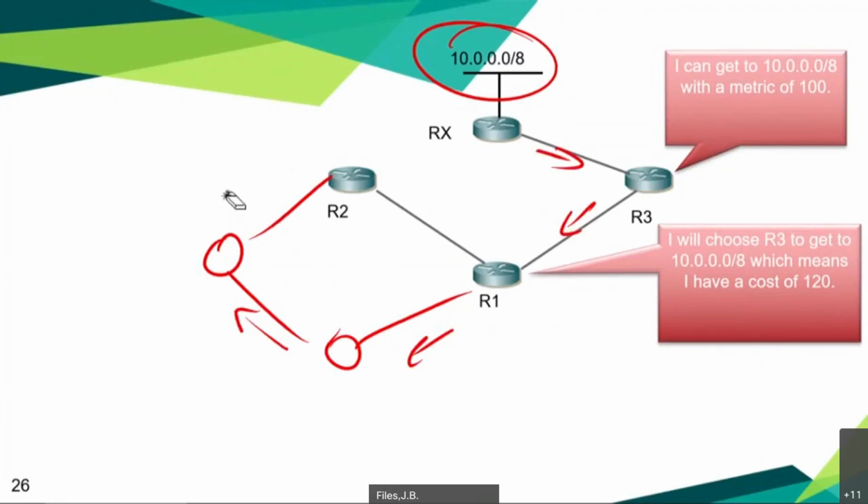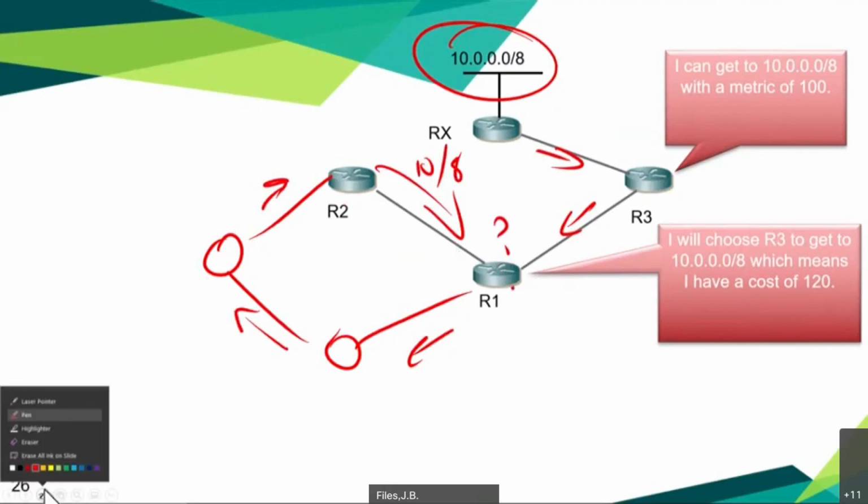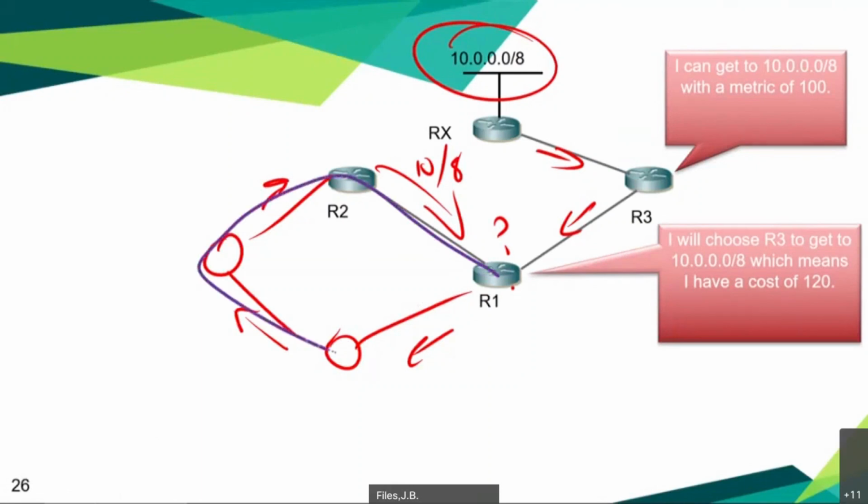The advertisement goes up here. Now R2 says, hey, R1, you can get to the 10.0.0.0/8 network through me. R1 is like, oh, okay, I can use R2 as a backup. Well, that means this is the path that it's going to take. If R1 sends a packet, it's going to go like this. It passed through R1 twice. So that's creating a loop through R1.